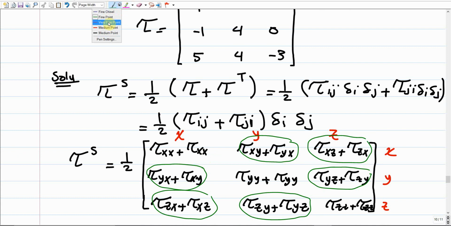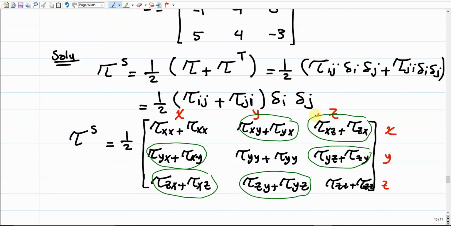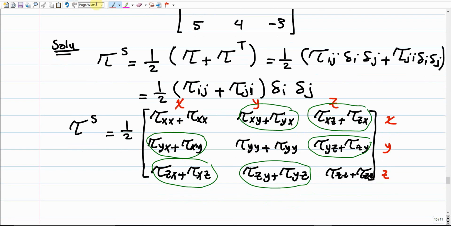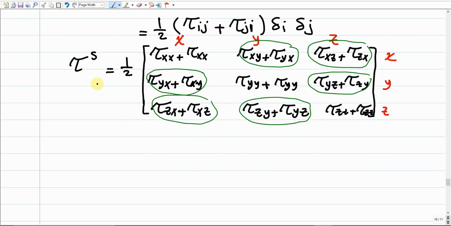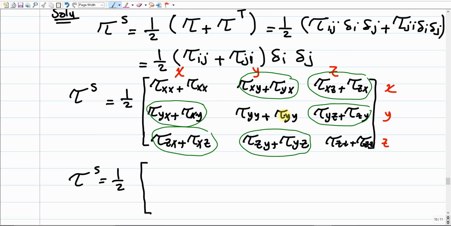So let us do it here. For example, if we decided to do it for this tensor, we're gonna end up with the symmetric tau being the half of this tensor. As you can see, we already doubled here the diagonal components. Or even if you decided to multiply times half inside, let us multiply the times half inside automatically.